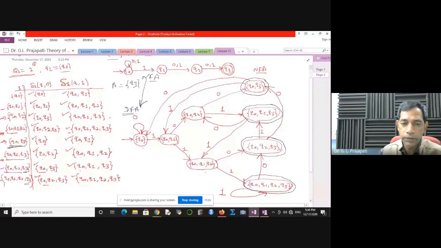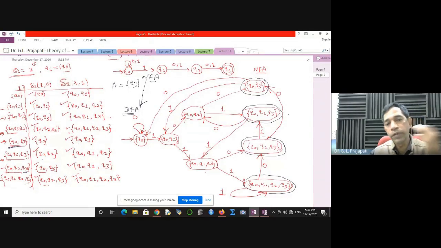You can say A, B, C, D, and E, F, G, H, or any names of your interest. Once you have obtained the states of the DFA, which may be any subset of Q, later you can rename these states with simple names. After identifying the final states and constructing the DFA, you can rename it.